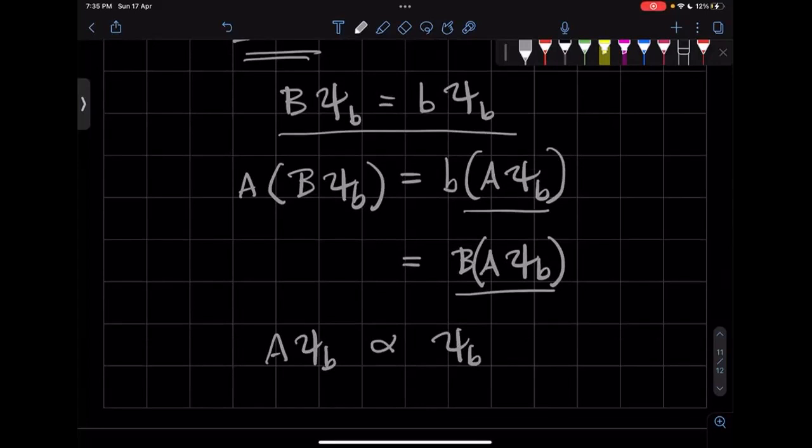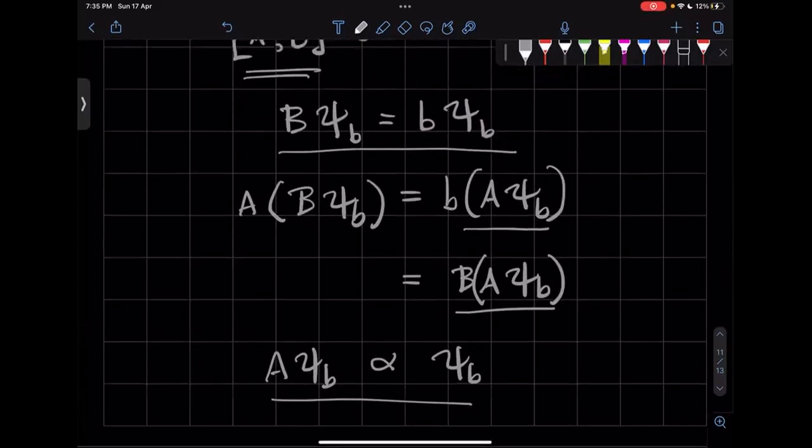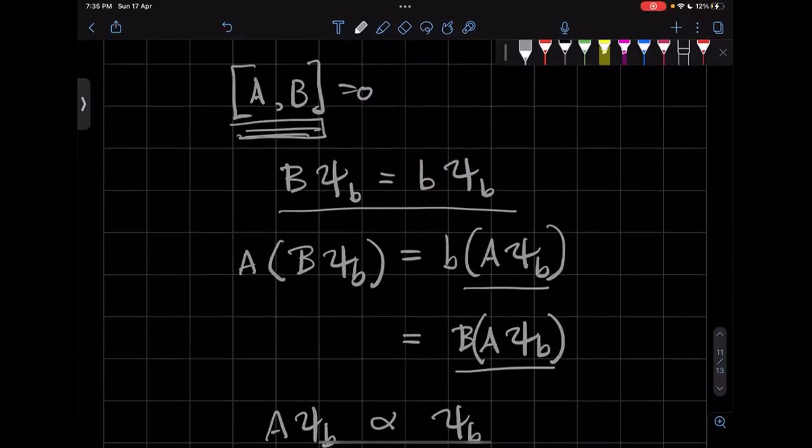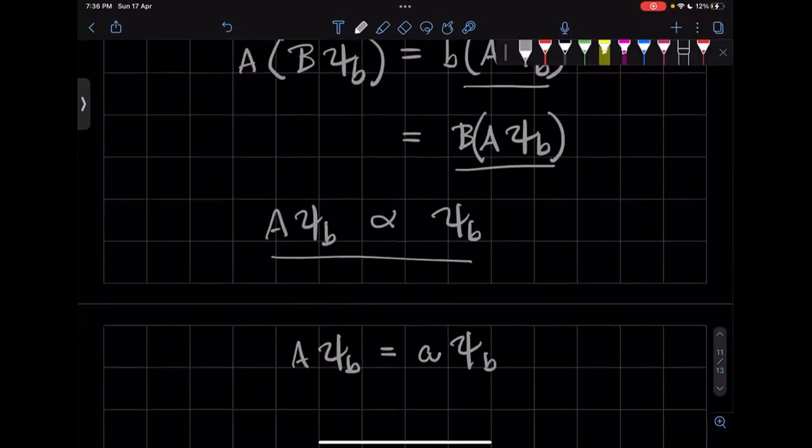If it's degenerate, it requires a little bit more work, but we won't go there. So what does this mean? This means that A of psi of b equals some proportionality constant times psi of b. So we see that if A and B commute, and psi of b is an eigenvector of the operator B with the eigenvalue b, then it's also an eigenvector of operator A with some other eigenvalue, possibly some other eigenvalue a.